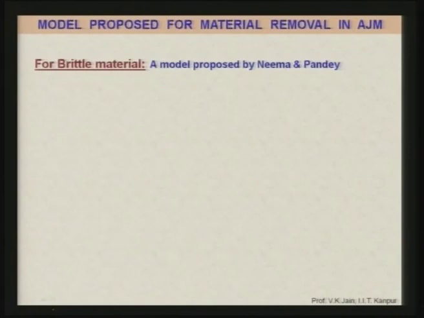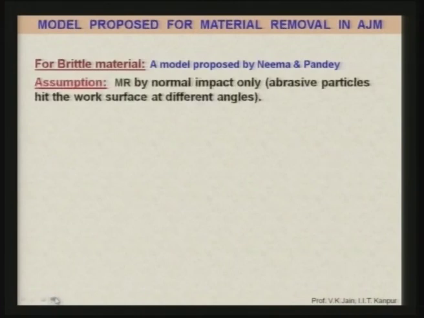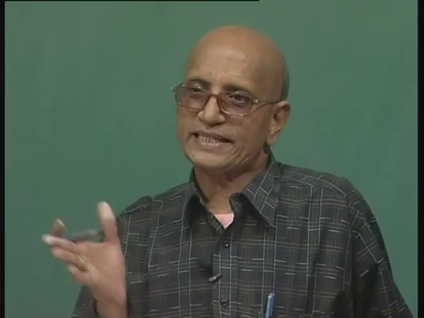For brittle material, a model was proposed sometime back by Nima and Pandey. The assumption they made is material removal by normal impact only. That means the abrasive particle is hitting the workpiece surface at an angle of 90 degrees. They are not considering abrasive particles hitting at any angle other than 90 degrees.